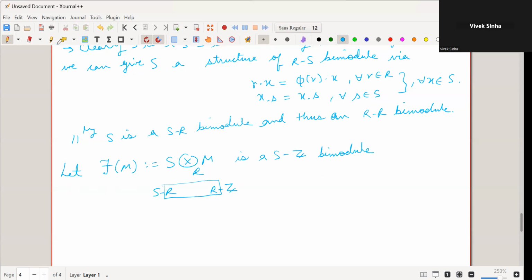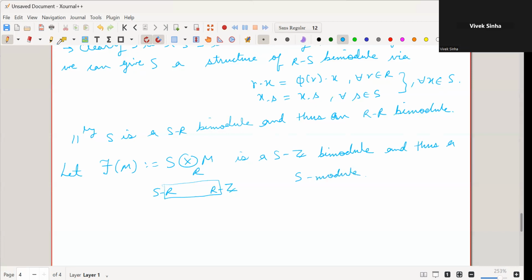and thus any SZ bimodule is thus an S module.